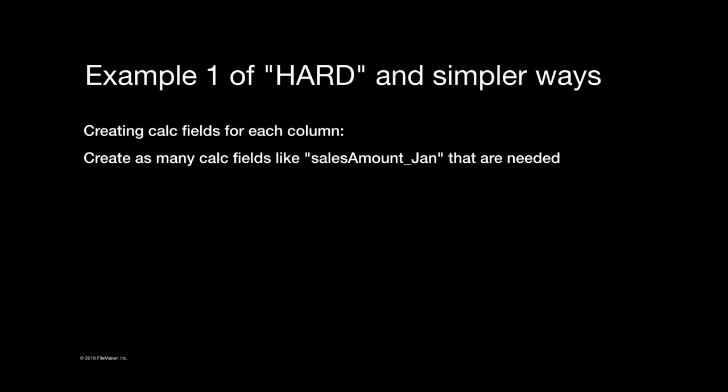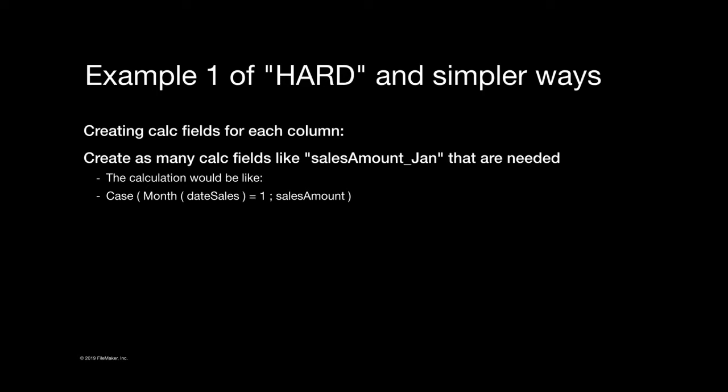Then add a calculation field which returns the amount field value only if the month of the date field's value is January. This field returns a value only if it's January and ignores anything else.